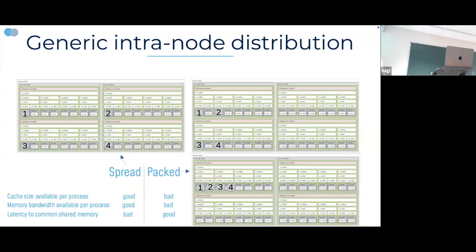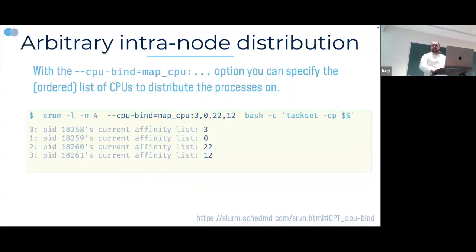If you want this, it's easy because you just specify from 0 to the number of tasks you want. You don't need to compute anything. But if you want this, you need to compute the process IDs here, here, here, and here to be able to give it to Slurm in the correct order.